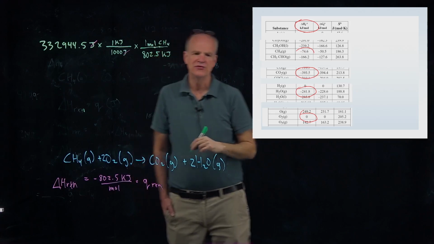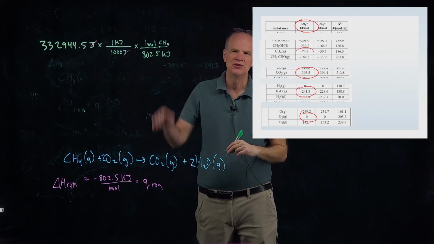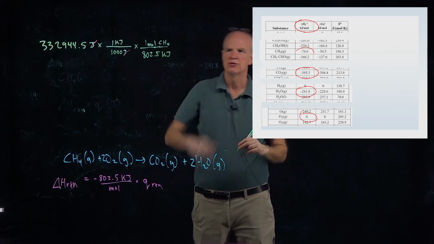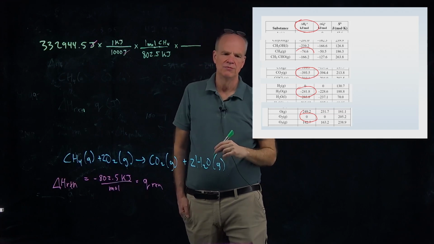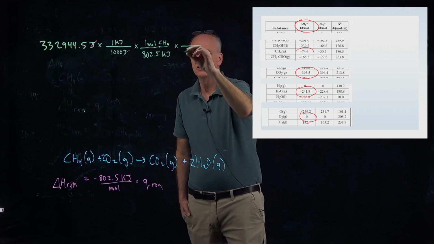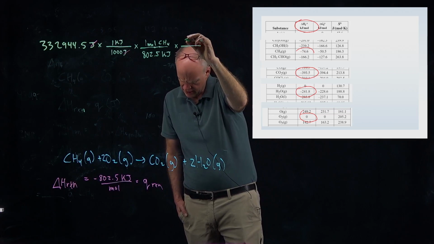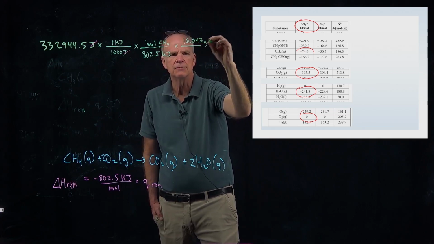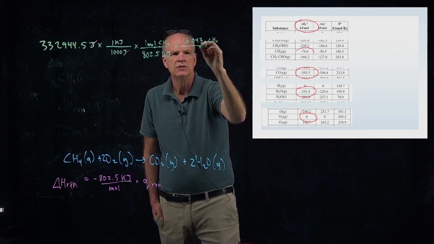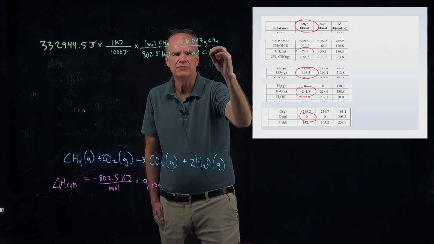And so the very final step is all you have to do is convert moles of methane to grams of methane. So it's going to be like this. You'll have to work up the molar mass of methane. And I think what I got earlier was 16.043 grams of methane over 1 mole of methane.